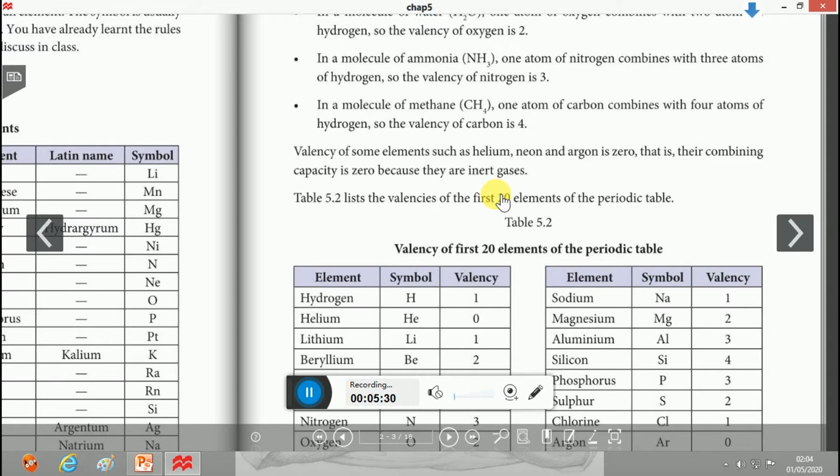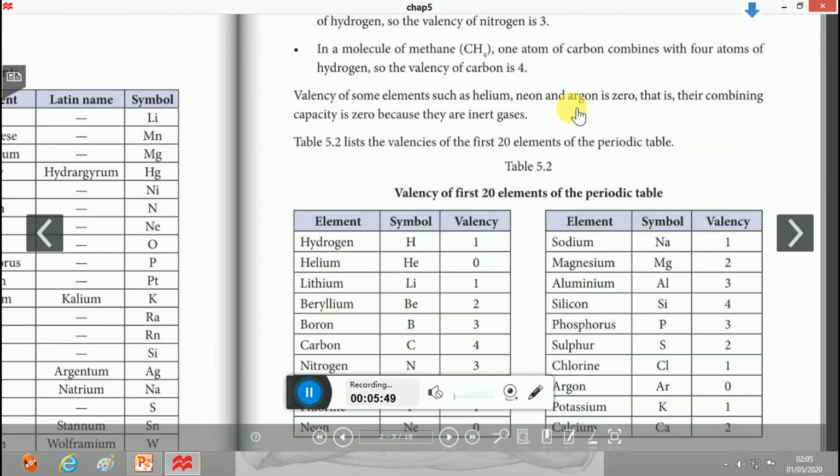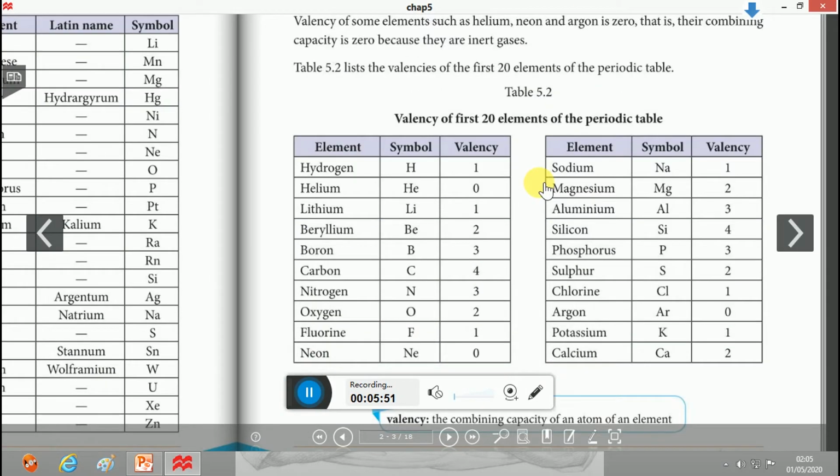But nowadays there is a discovery regarding the compounds of xenon. Though xenon is an inert gas, it still forms several compounds, and xenon has variable valencies. In table 5.2, there are valencies of the first 20 elements in the periodic table along with their symbols.